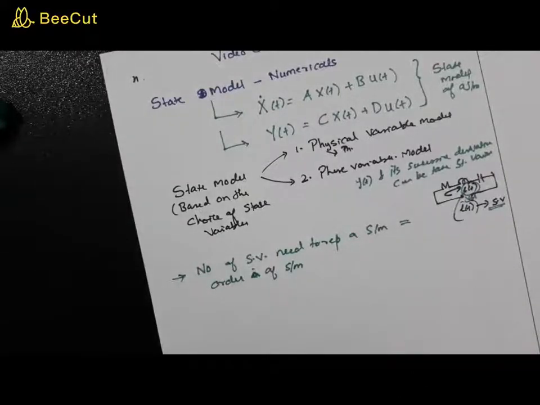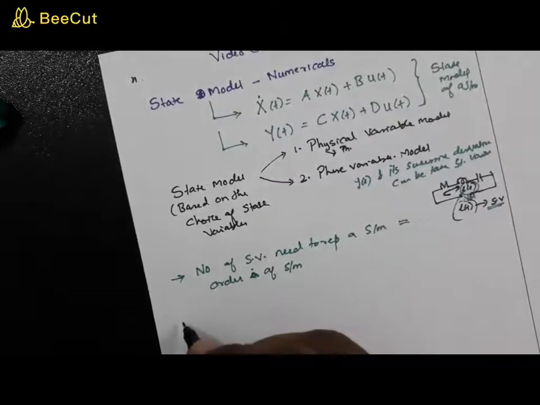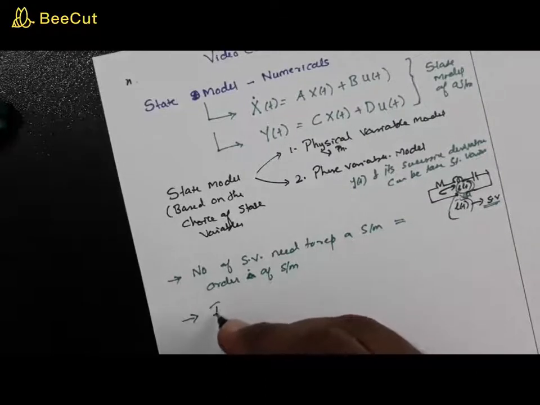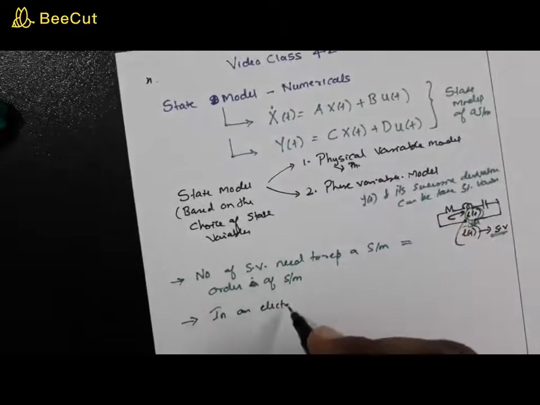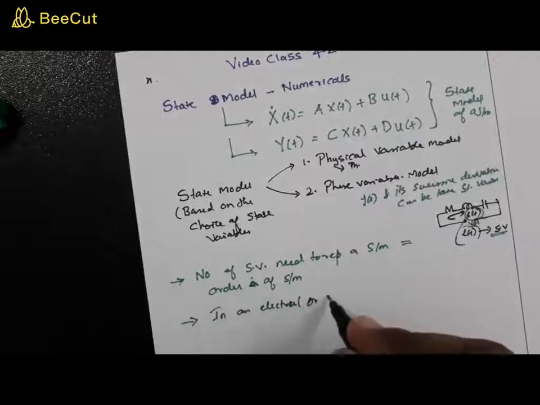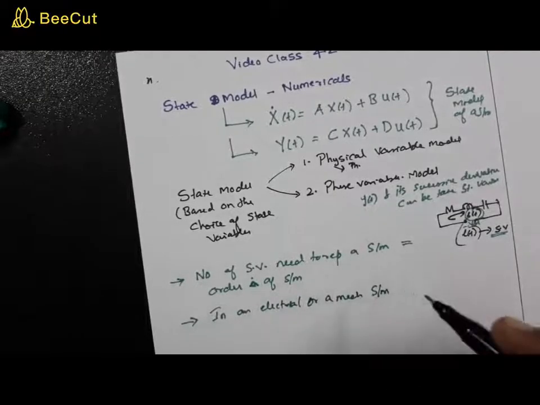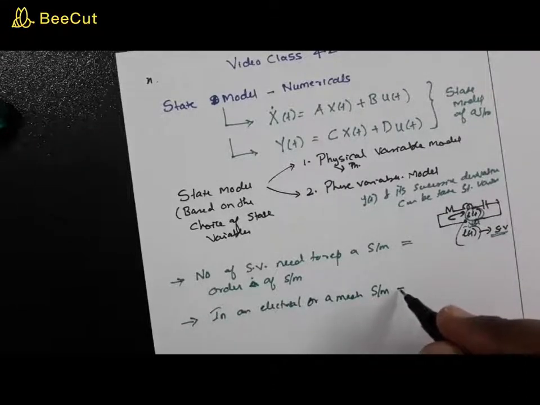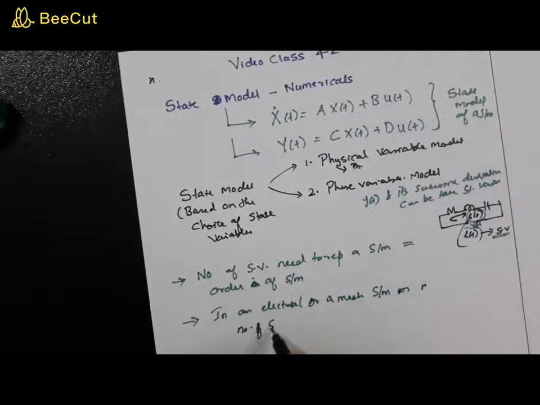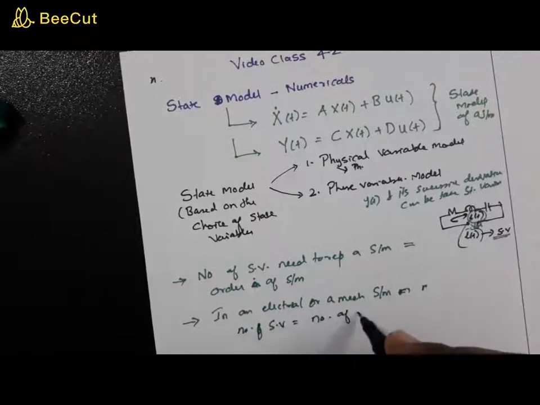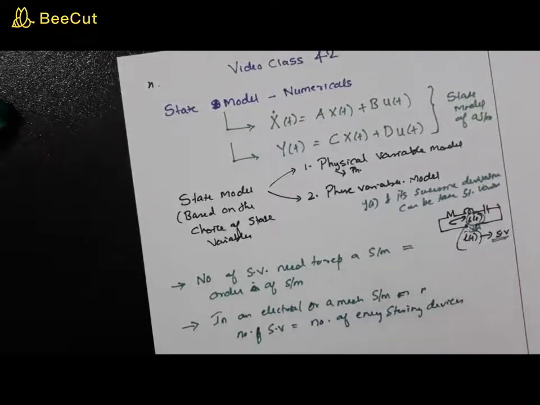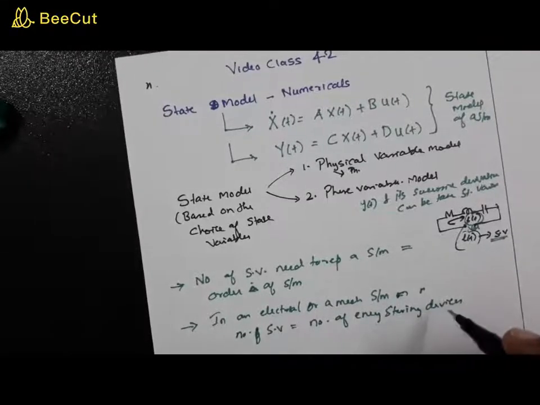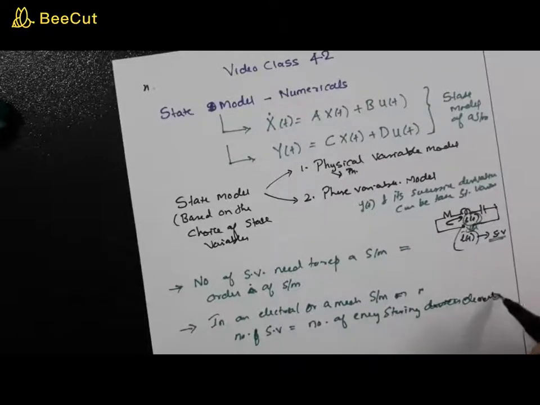Another point, which is very important if you are going for the physical variable model: in an electrical system or a mechanical system, the number of state variables will be equal to the number of energy storing devices, or energy storing elements, in that system.